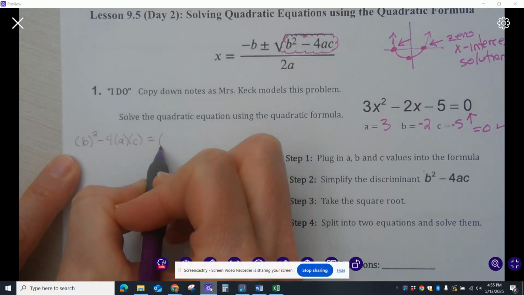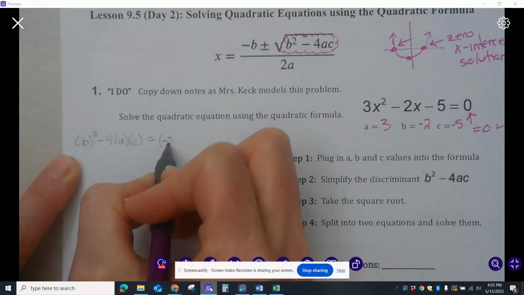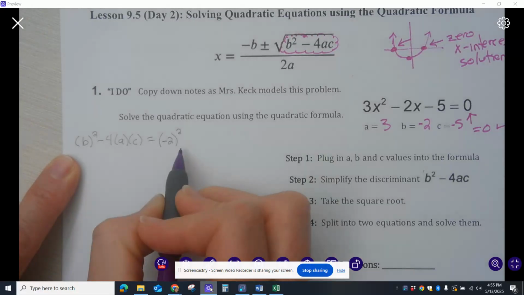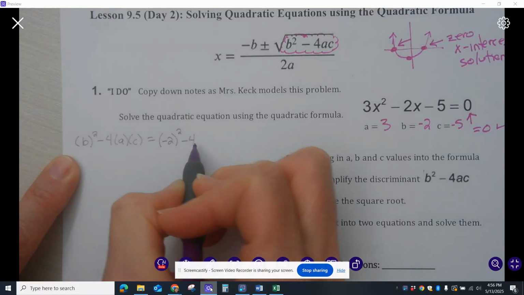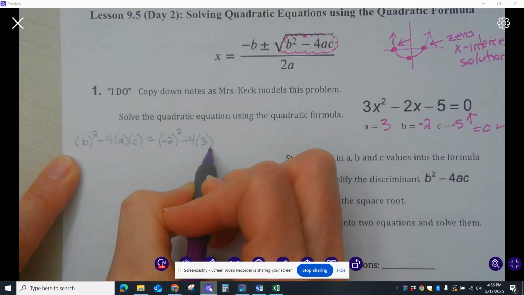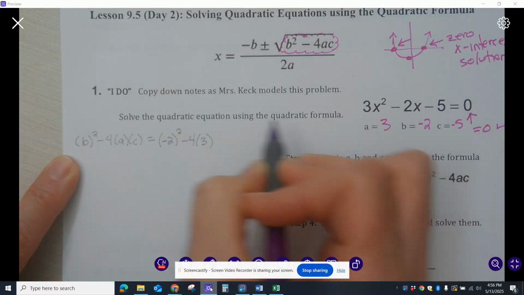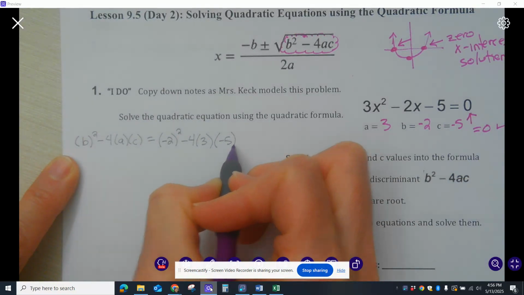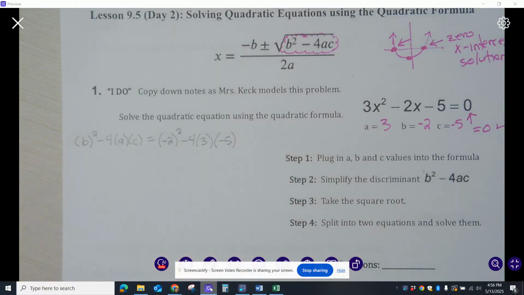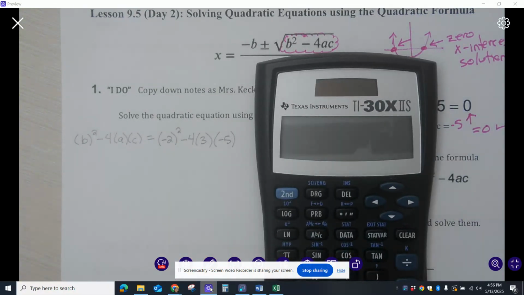So b is -2, so we have (-2) squared. Remember, it's very important that you wrap everything up in parentheses. -4 is a copy job. A is 3, so substitute in 3 for the value of a, and substitute in -5 for the value of c.